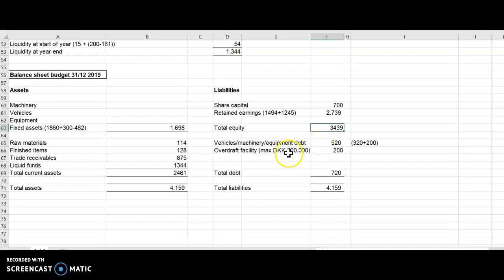And then we have a total debt on our overdraft facility, 200. We take the full amount of 200 because the 39 was used here, as you remember. So now we have total debt of 720. So total liabilities is here, and now we can see that we have a balance here, so it's okay.